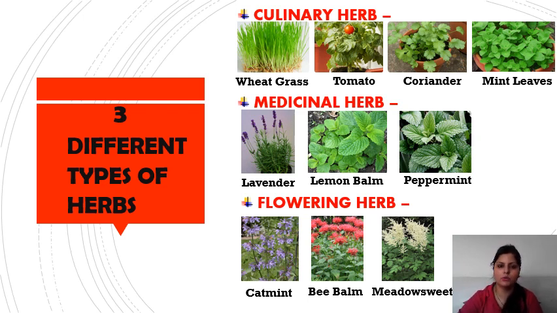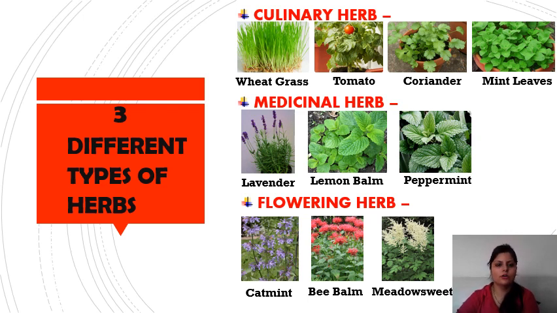We have learned about the 5 different types of plants. They are trees, herbs, shrubs, climber and creeper. We have seen examples also. And we have seen the 3 different categories of herb, that is culinary herb, medicinal herb and flowering herb.